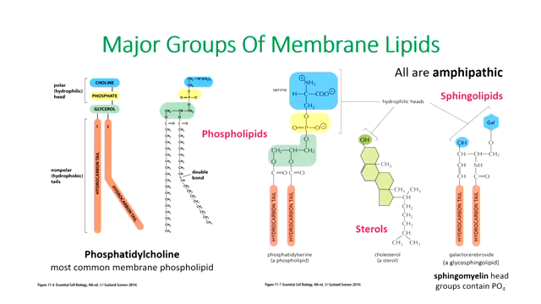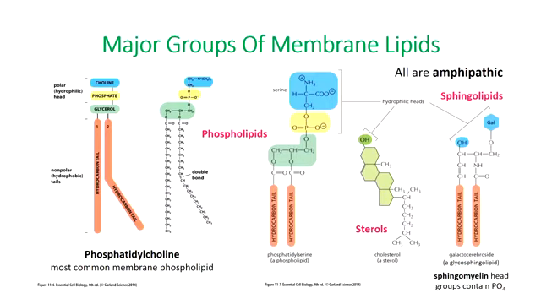Okay, the major groups of membrane lipids are illustrated here. And those are going to include the phospholipids, the sterols, and the sphingolipids. One big group of lipids you don't see here that we talked about before when we were doing molecules is the triglycerides. Anybody remember the triglycerides or triacylglycerols?